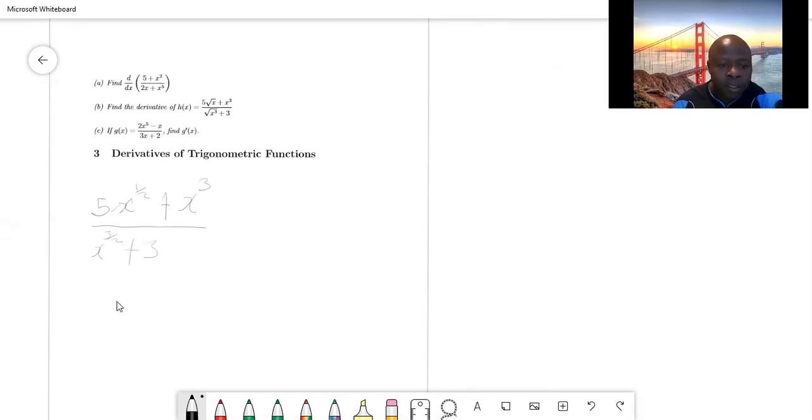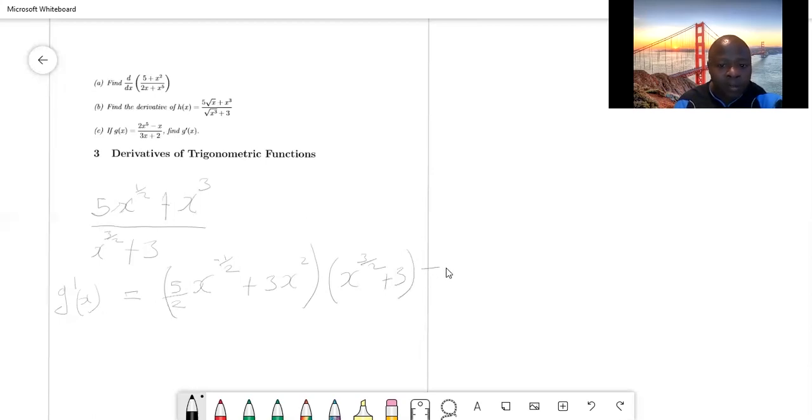So let's do the derivative of the numerator, so that our g prime of x becomes, this will be 5 over 2 x raised to negative a half plus 3x squared times the denominator, which is x raised to 3 over 2 plus 3, and then minus.